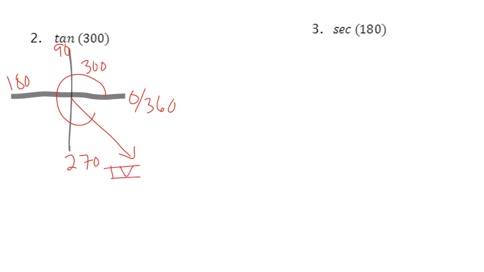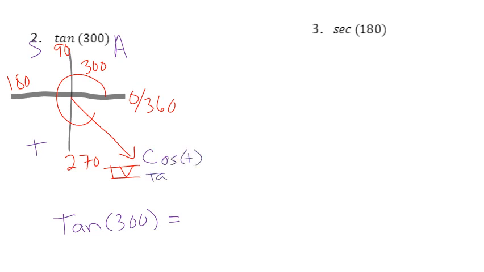So my first step is just sketching where it would fall. Then we find what tangent is going to be in that quadrant. With all Slurpees taste cold, I can see cosine is positive, which means tangent and sine would be negative. So I know I'm going to have a negative number, and I'm going to write a little negative sign so I remember.